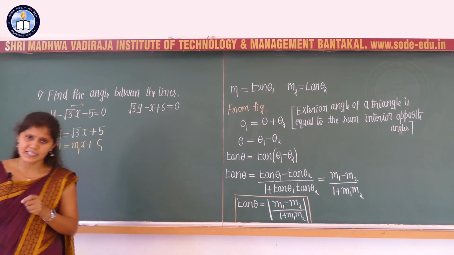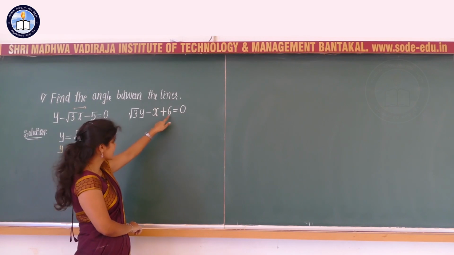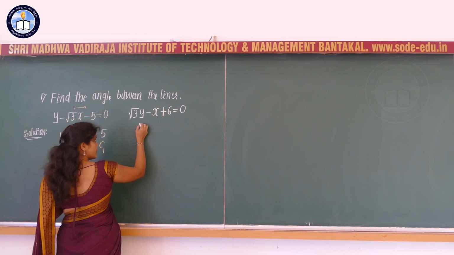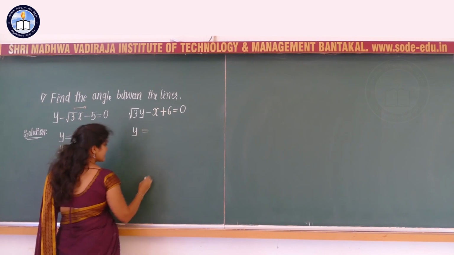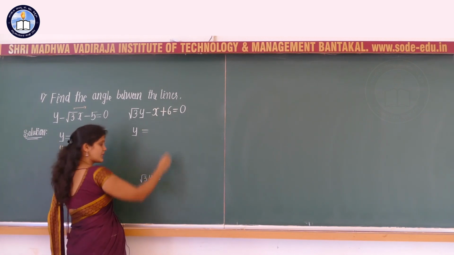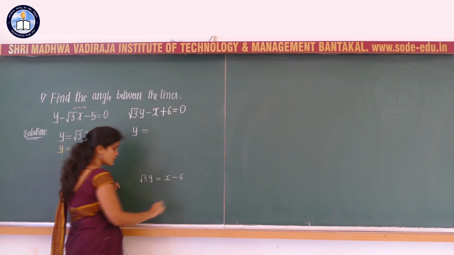The second equation is root 3 into y minus x plus 6 is equal to 0. I write the expression for y: root 3 into y is equal to x, taking minus x to the RHS that becomes plus x, and plus 6 to the RHS becomes minus 6.